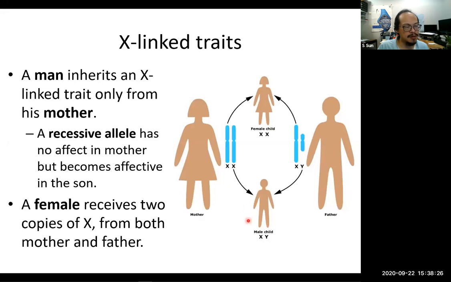This also happens if the mother's father, the grandfather, or the grandfather's brother has the disease, then this daughter may carry that recessive trait, and that recessive trait may skip one generation to the next generation.